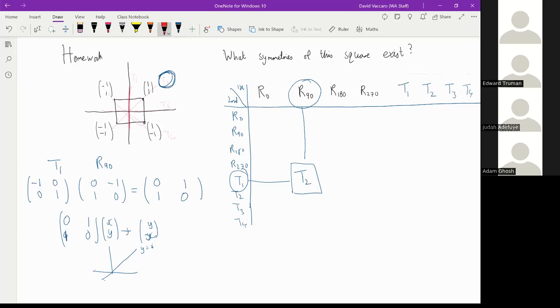Okay, and so a little bit of an exercise is if you fill in this grid, it will give you a multiplication table for the symmetries of the square.